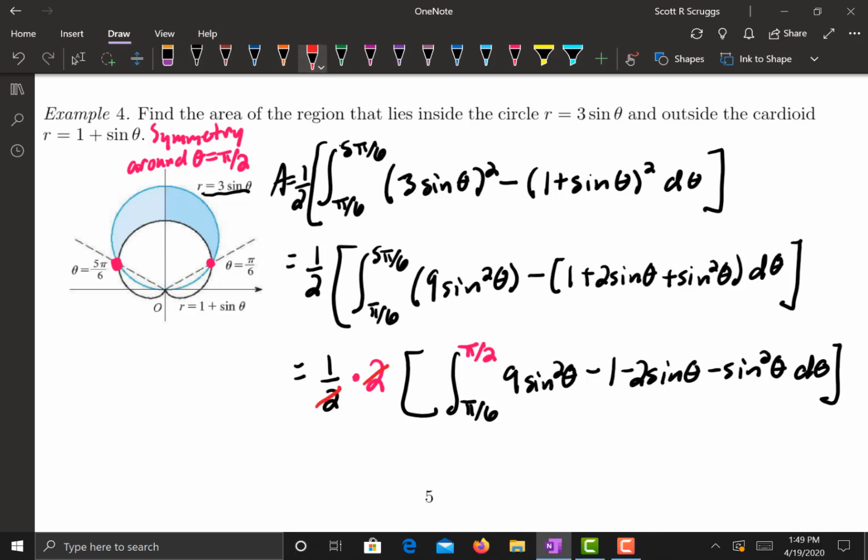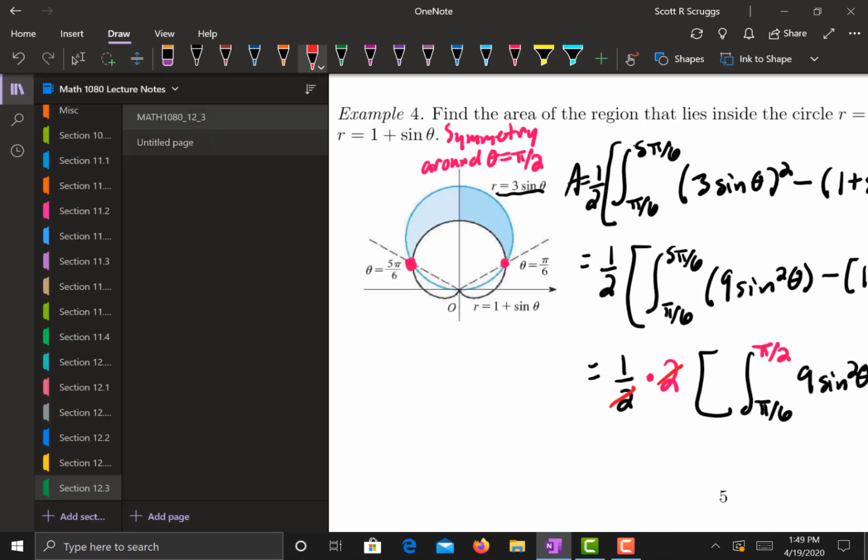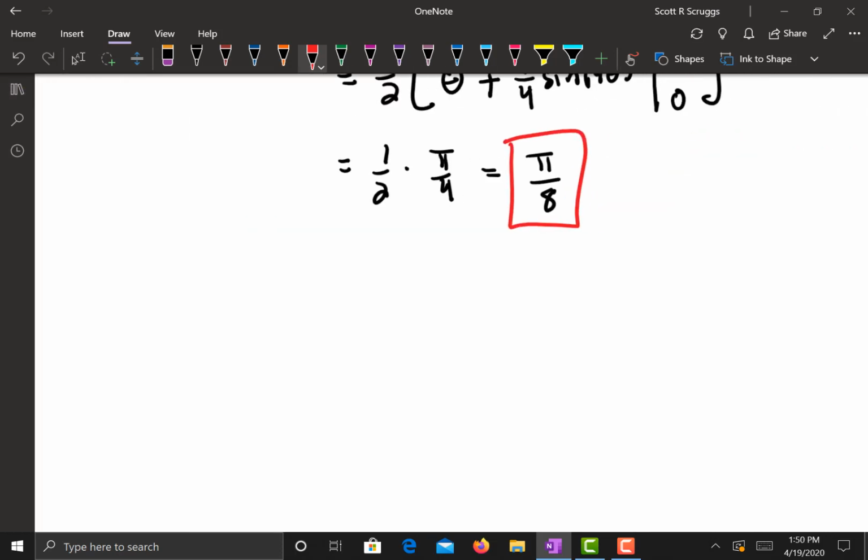And that's why I made that note. If you have a vertical symmetry about the y-axis and you're integrating, you can still use that symmetry again. Just note that my upper bound will now be pi over 2. Let's go back to the next page and do more work on that.